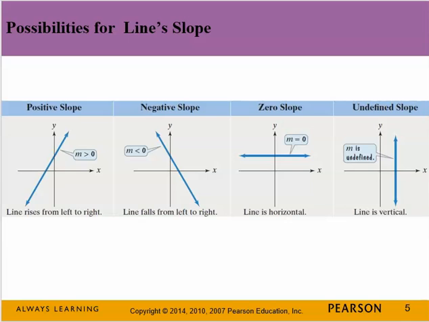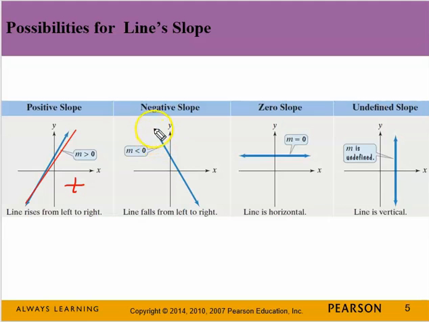So somewhere in your notes, I'd like you to sketch these. There's your basic graph, and then there's your line. If it starts low and as it goes to the right moves up, this is positive slope. That's saying the slope is greater than 0. That would make it positive.